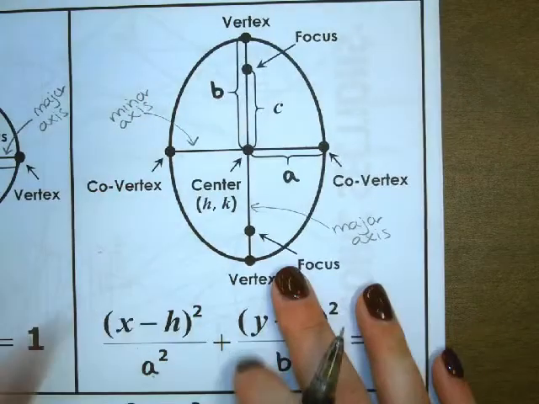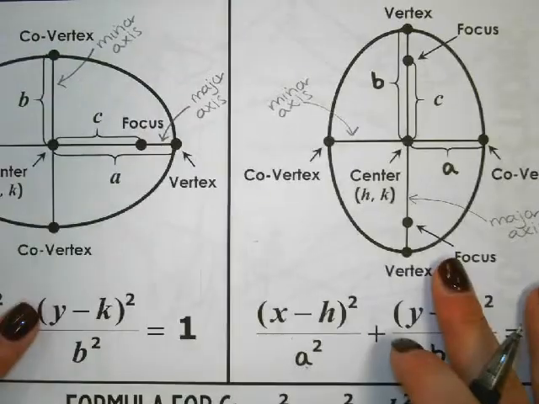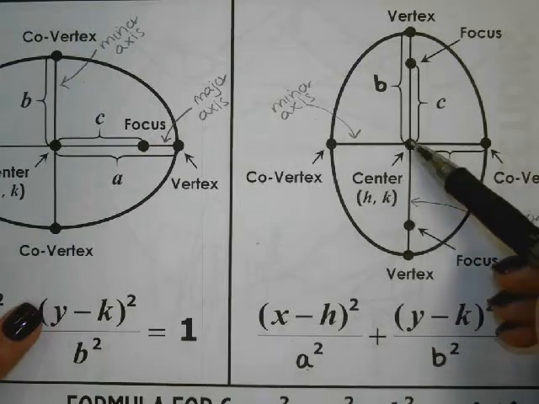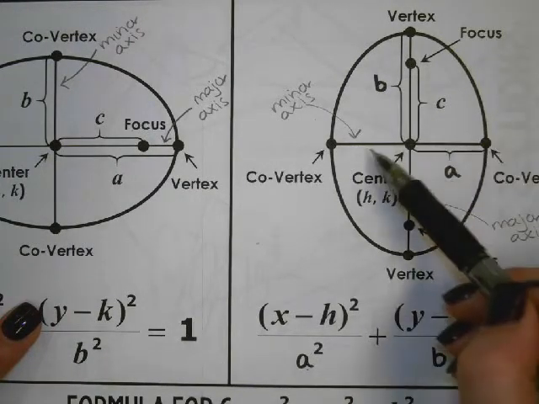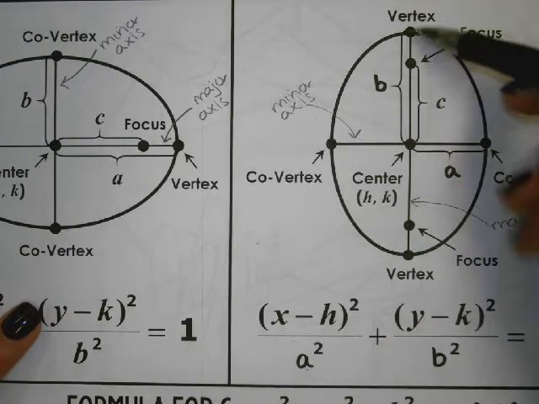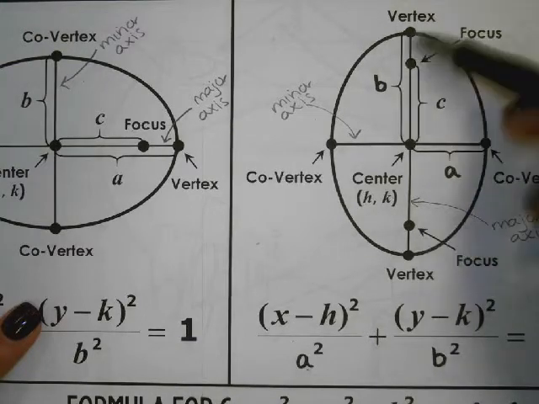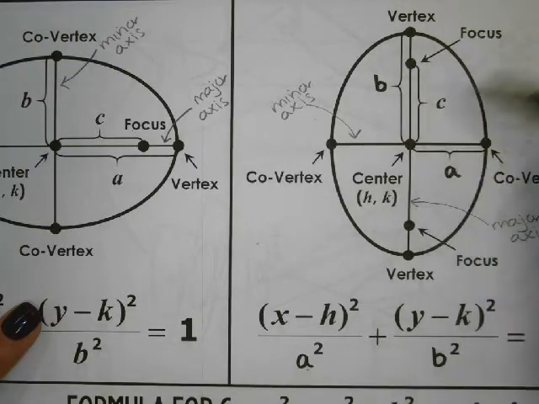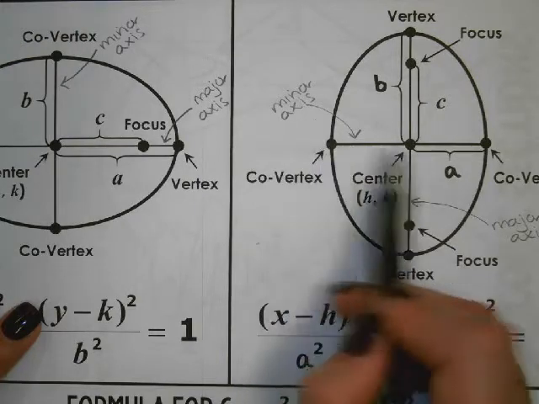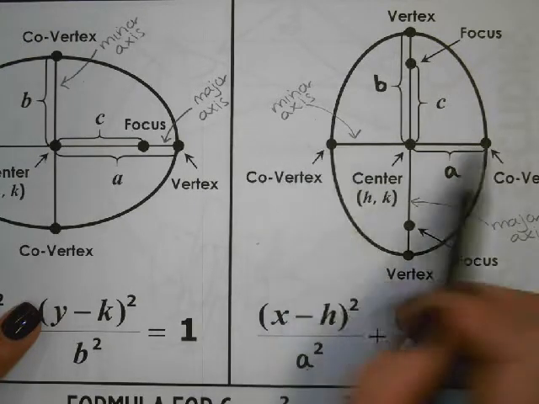And so the major axis and the minor axis are pretty easy to find because they go through the center. Whatever the x-coordinate of the center is, that's the equation of the vertical line, whether that's the major axis or minor. The y-coordinate of the center is going to be the other axis.